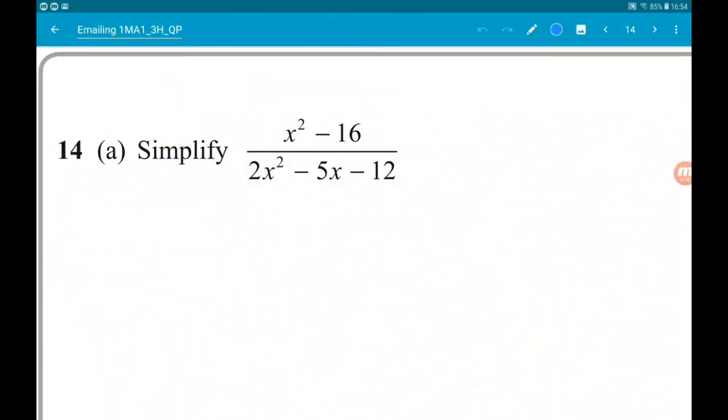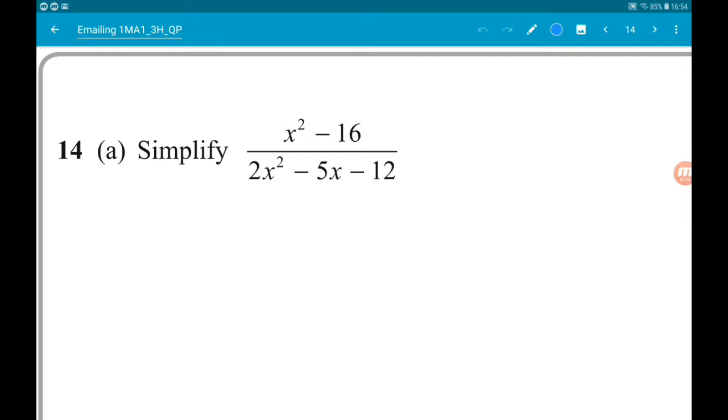14a algebraic fraction wants us to simplify x squared minus 16 over 2x squared minus 5x minus 12. Okay, so the trick to simplifying algebraic fractions is always to factorise. You can't do anything before you've factorised.